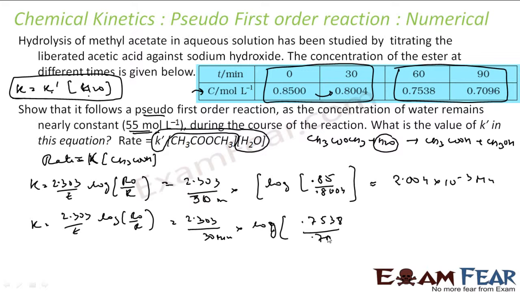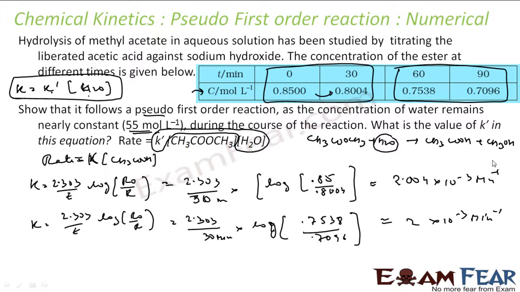Final is 0.7096. You solve this, you get almost the same value. Since I'm getting the same value in this equation, that means this proves it is a pseudo first order reaction.